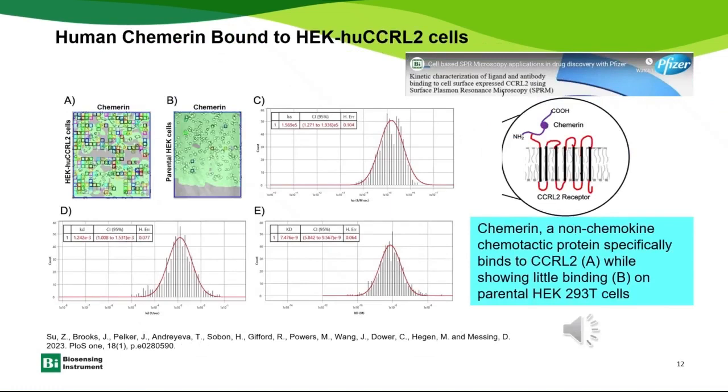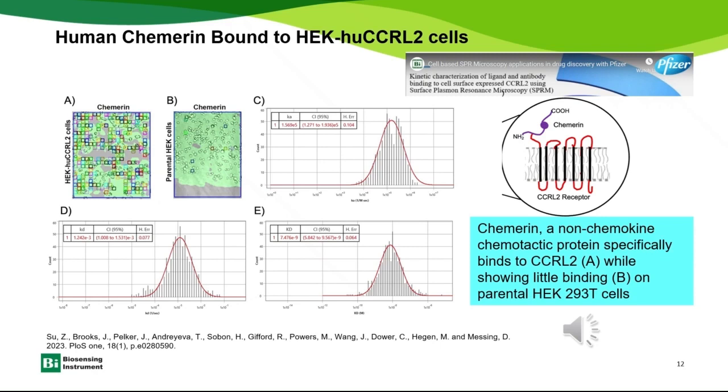This is one of the latest experimental results involving SPRM, which was done by John Brooks from Pfizer. This experiment studies the direct binding between a human chemerin and the CCRL2 receptors on a HEK cell. CCRL2 is a non-signaling receptor that binds chemotactic ligands to shape leukocyte recruitment to sites of inflammation.